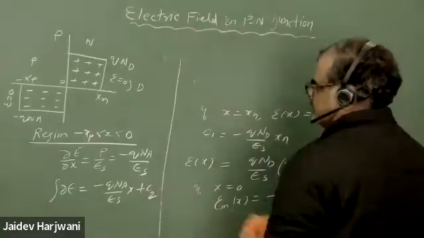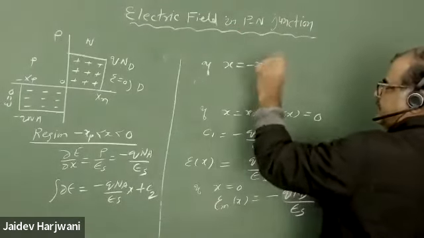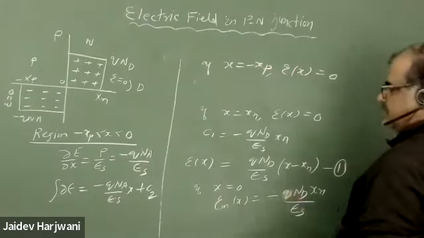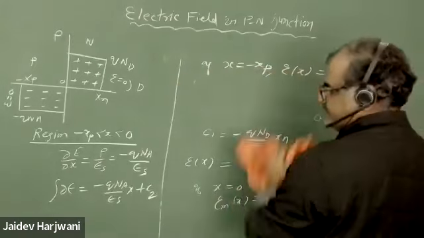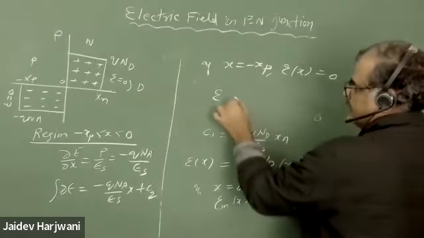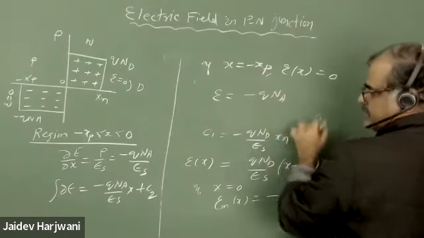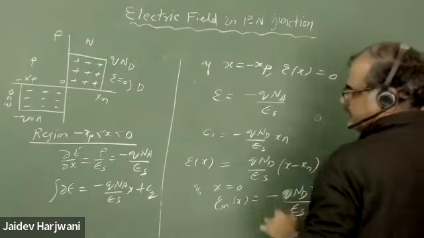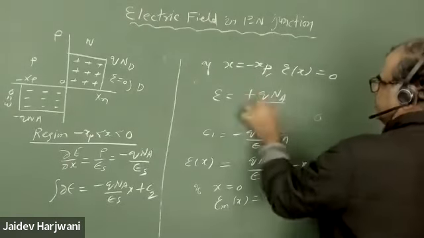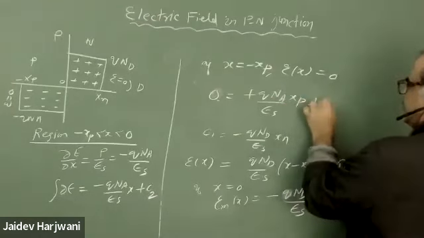Similarly, if I apply the boundary condition that at x equal to minus x_p, E(x) is 0, then in this equation, if I put x equal to minus x_p, it becomes plus x_p, and this becomes C2.